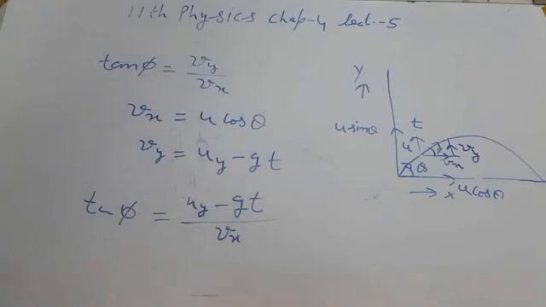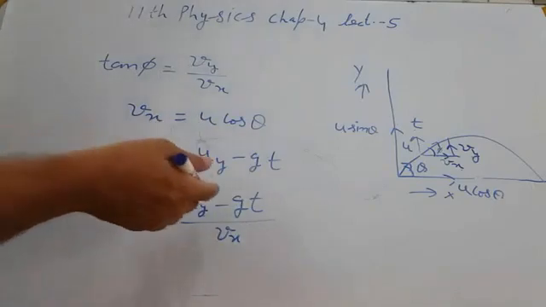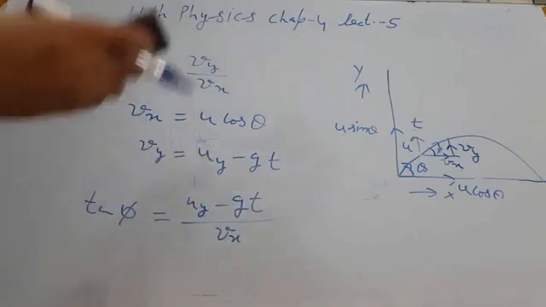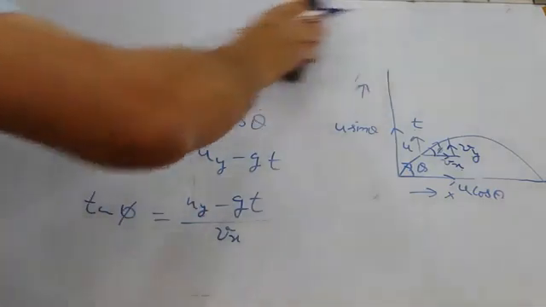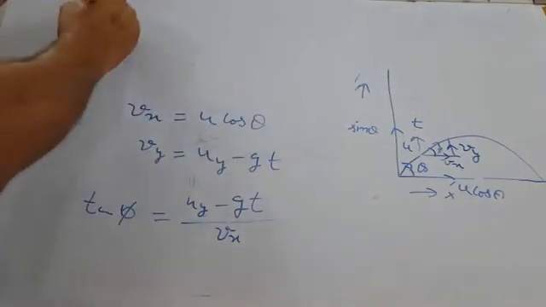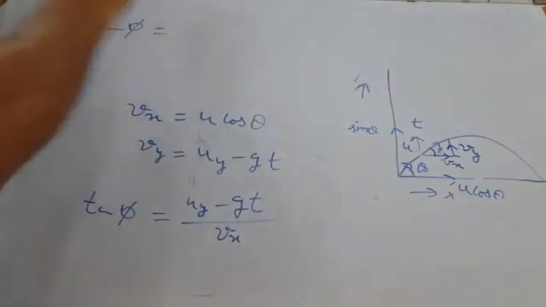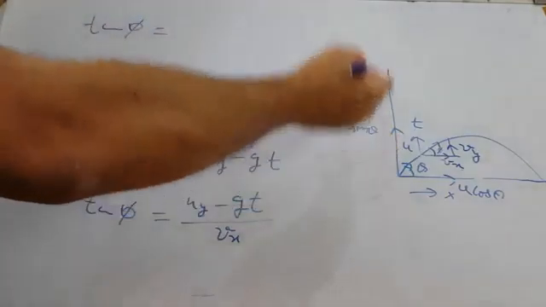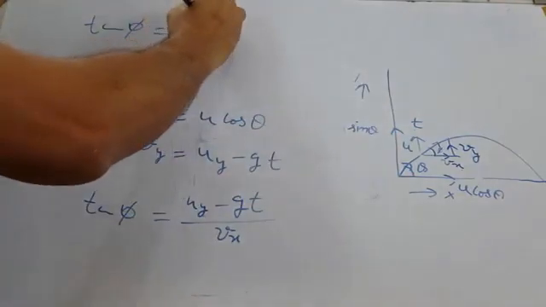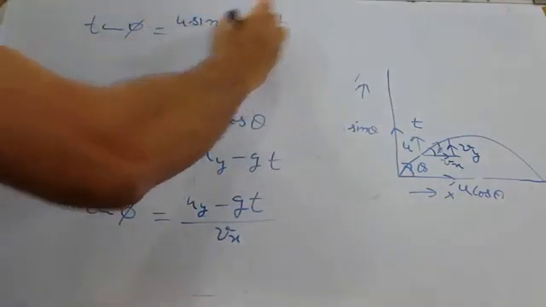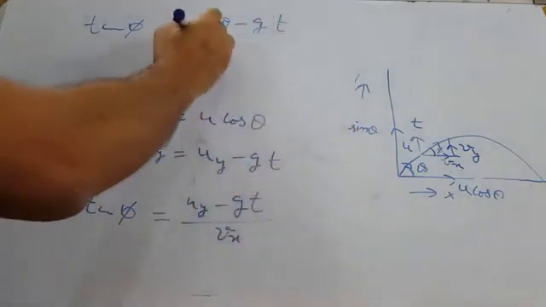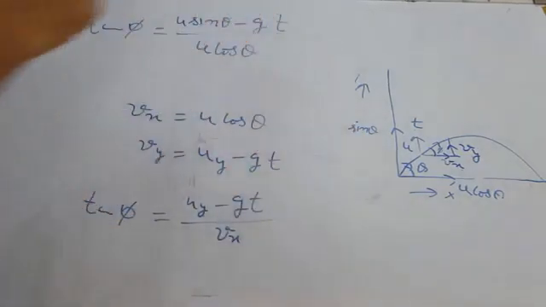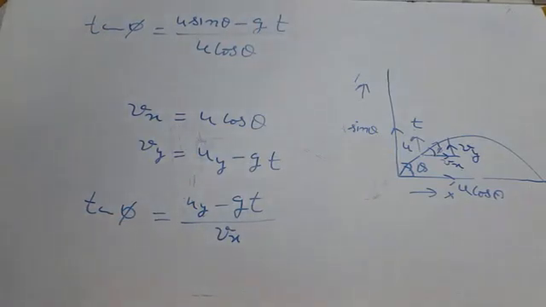That was tangent phi. Now you can substitute these values. uy is u sin theta, minus gt, upon vx, which is u cos theta. So at any time, the angle between the horizontal and the direction of motion will be given by this.